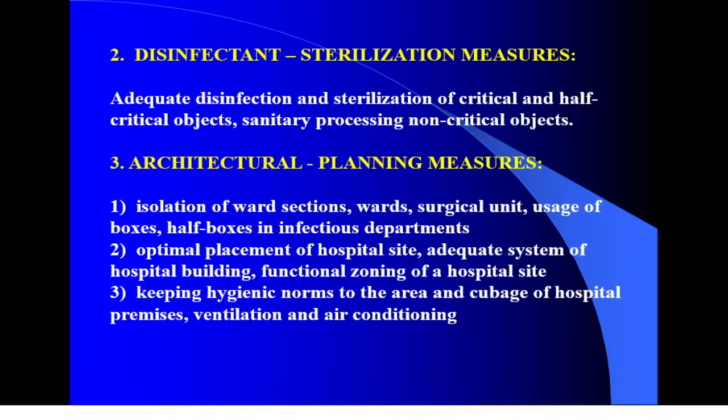Optimal placement of the hospital site, adequate system of hospital buildings, functional zoning of the hospital site, and keeping hygienic norms for the area and cubage of hospital premises, ventilation and air conditioning.